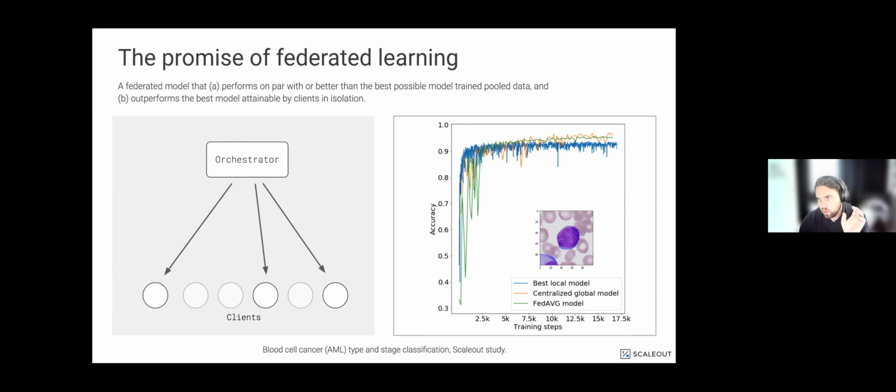So you have 10 different clients or members, if you wish. The blue curve you see there is the best of these 10 that you could train using only that client's data. The orange curve is the one that you obtain if you take all the data and train a standardized, centralized model. And the green one is if you do it with federated training.